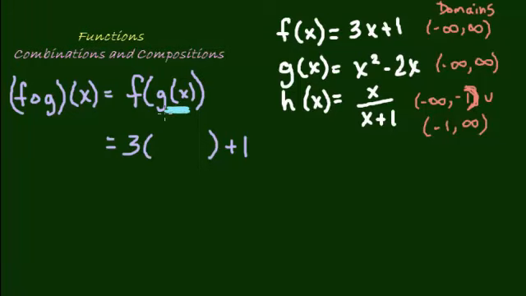So my x, which I did have 3 times x plus 1, my x is actually g. And it's what's inside. So I write x squared minus 2x, where there would be an x. And then the next thing that I would do would be just to simplify. So this would yield 3x squared minus 6x plus 1.